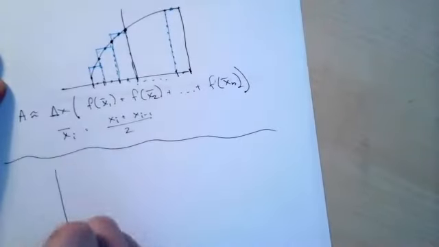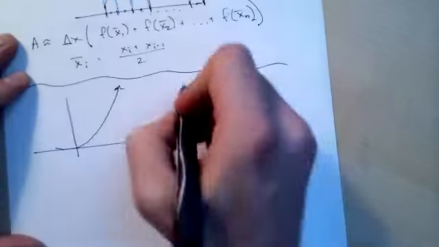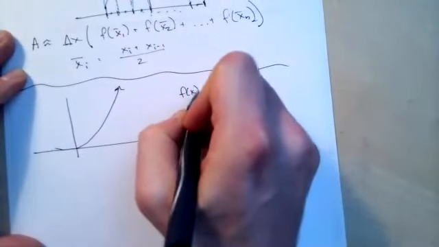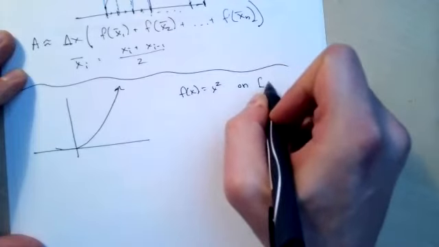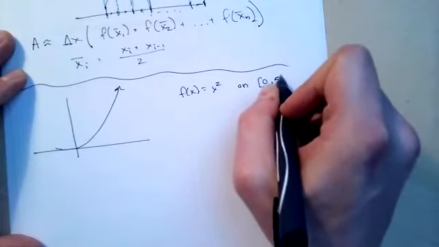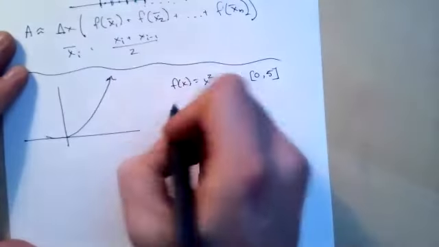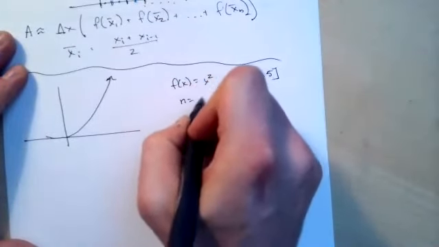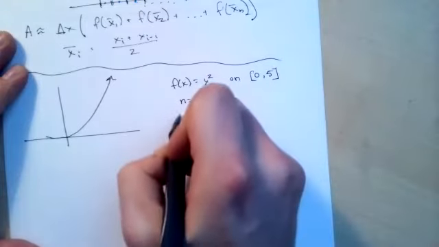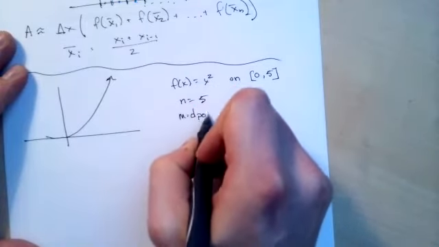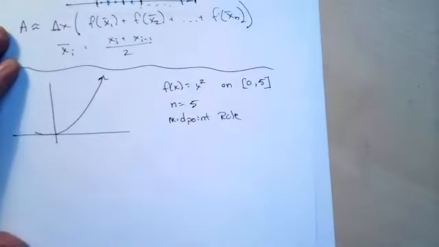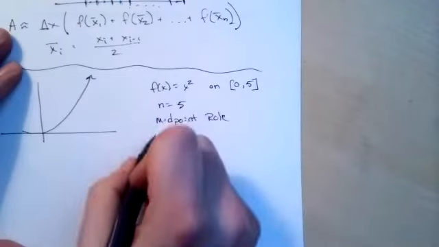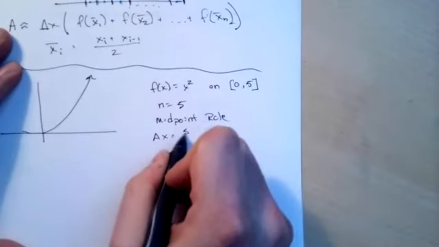Like if we're given some graph of something like, let's just do an easy function like x squared. And let's say we are on, let's just do 0 to 5. And if we want the midpoint rule with n equal to 5, it might be helpful to just list that out and do all your computations.